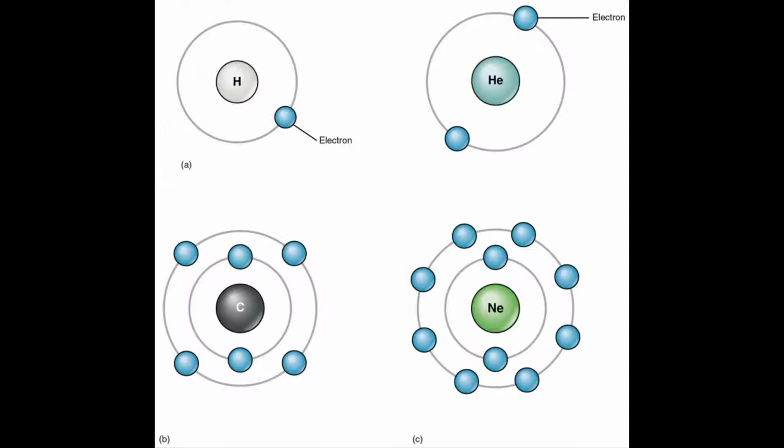So what is a valence shell? It is an atom's outermost electron shell. If the valence shell is full, the atom is stable, meaning its electrons are unlikely to be pulled away from the nucleus by the electrical charge of other atoms.